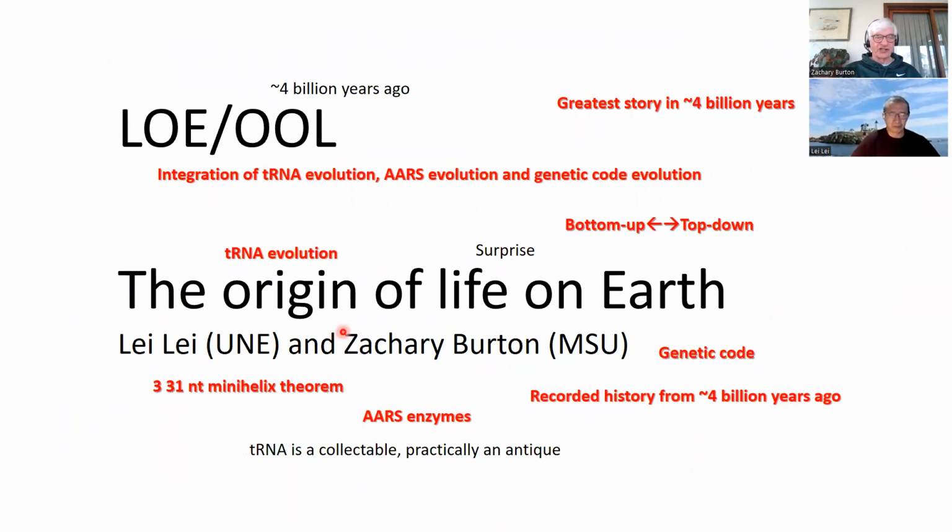So if you want to understand the origin of life on Earth, I hope I've convinced you that you need to integrate tRNA evolution, tRNAome evolution, aminoacyl tRNA synthetase evolution, and genetic code evolution. And if you can put all that together after just hearing this talk, then you're smarter than we are. It may require a little bit of study and homework on your own. But I think it's a cool story.